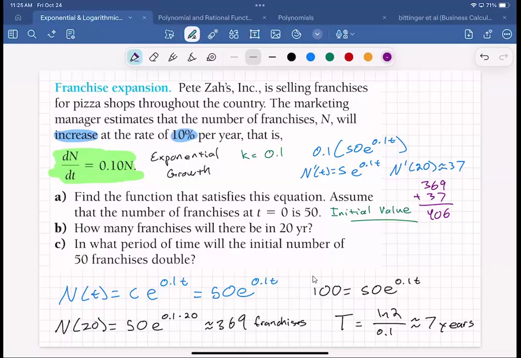It's pretty close, right? Because remember, if we go 7 years, 21 years would be 3 doublings, right? So 50 to 100 is your first doubling, 100 to 200 your second doubling, 200 to 400 would be your third doubling. So hey, 406, that's pretty close, right? And remember, again, that's just an estimation. We could have just plugged 21 into our function to get a little bit closer estimation.